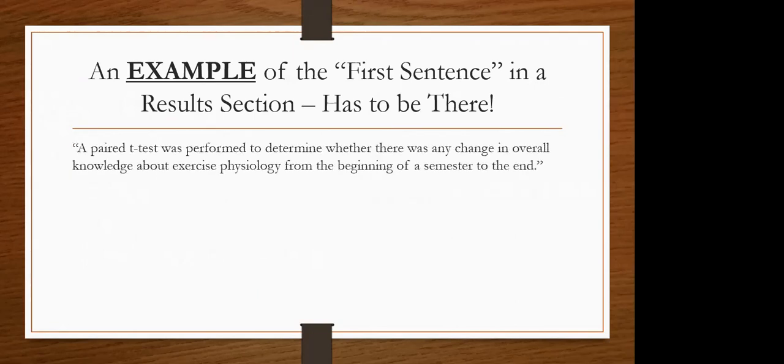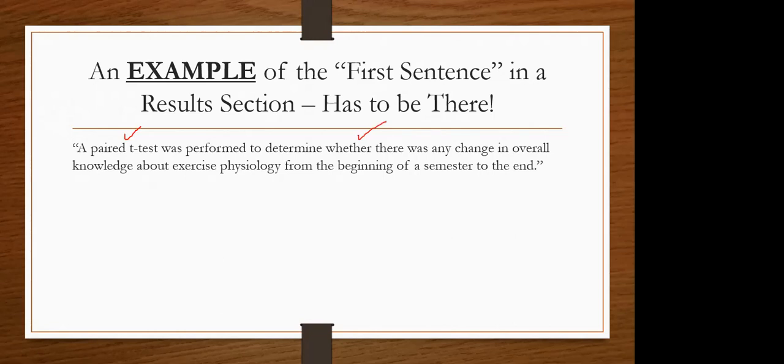Remember, it has to be there. This is it: a paired t-test was performed to determine whether there was any change in overall knowledge about exercise physiology from the beginning of the semester to the end. That's it, okay? So you accomplished both purposes. You told me what kind of test you did, and you told me why you did it.